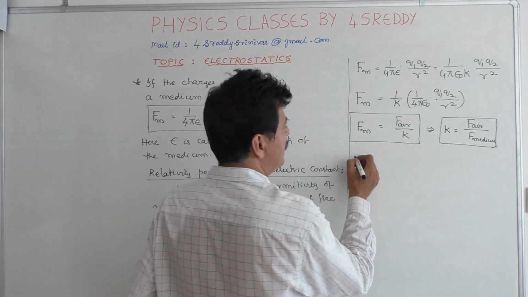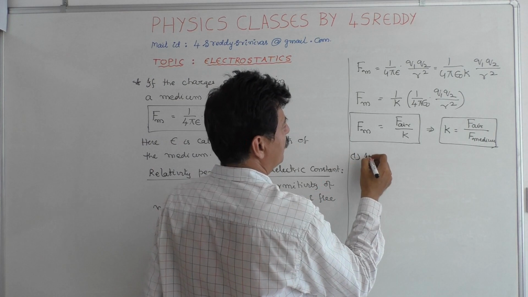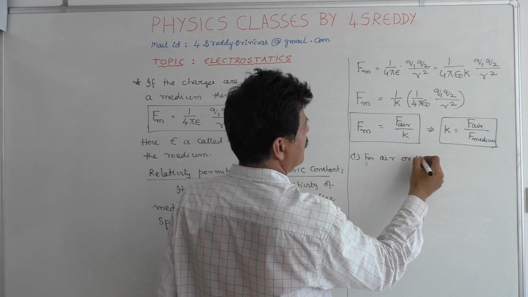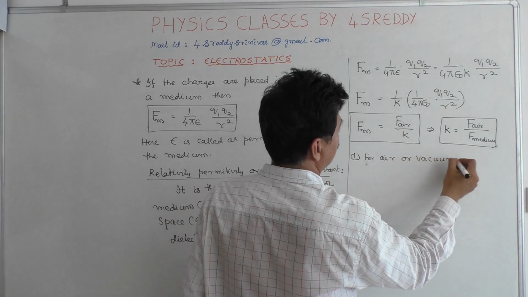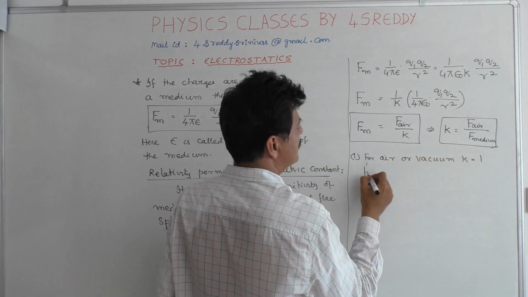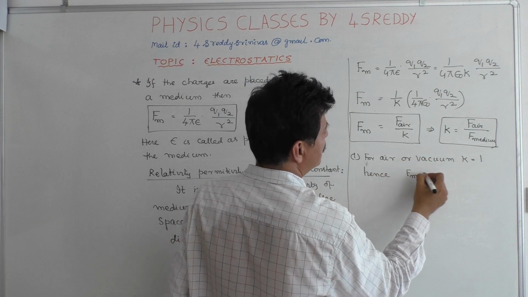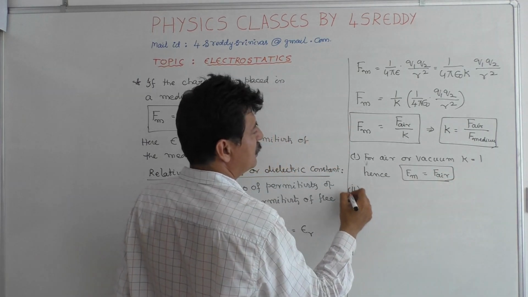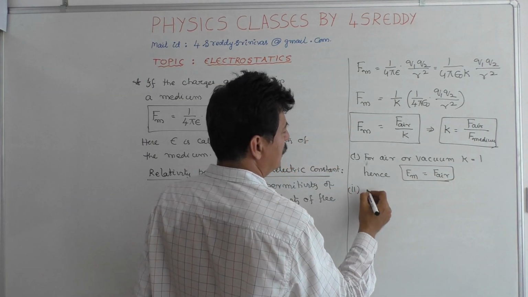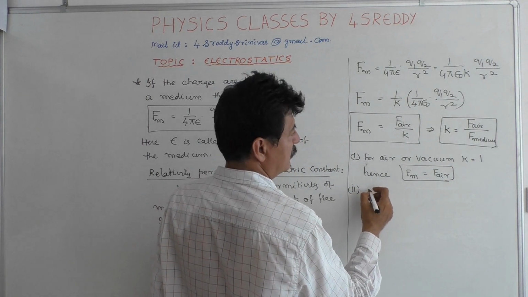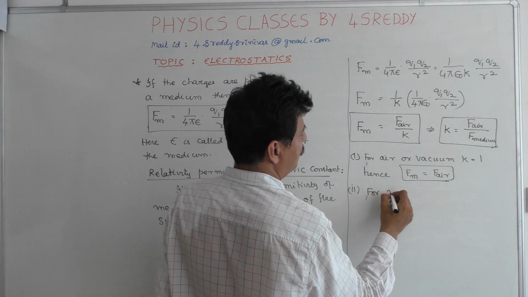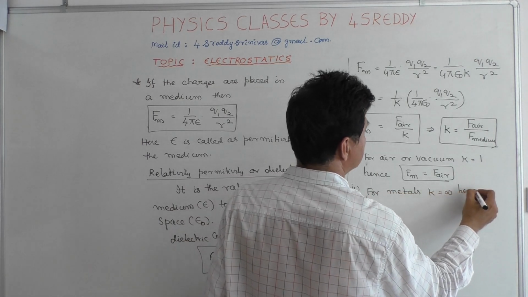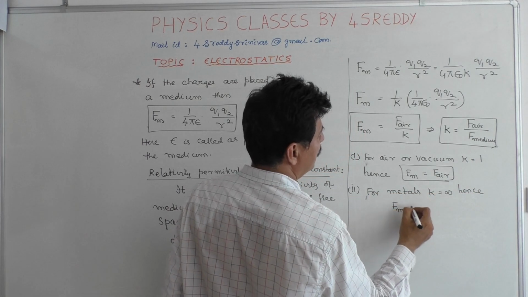And here, the first thing you can observe is that for air or vacuum, K is equal to 1, hence F in medium is the same as F in air. Suppose for metals, K is equal to infinity. Hence, F in medium is 0.